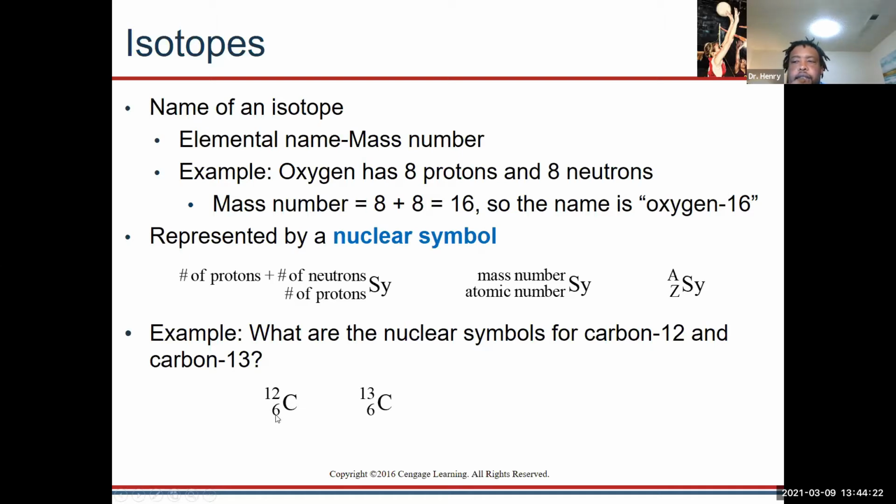C-12, 6, and so the 12 represents the mass number, and this lets us know the atomic number, or the number of protons. You'll see it this way, and you'll also see it the way that I just wrote it, where they don't include the atomic number, because you can look at the element and it typically will tell you. And sometimes you'll see it written as C12, or they'll say carbon 12.